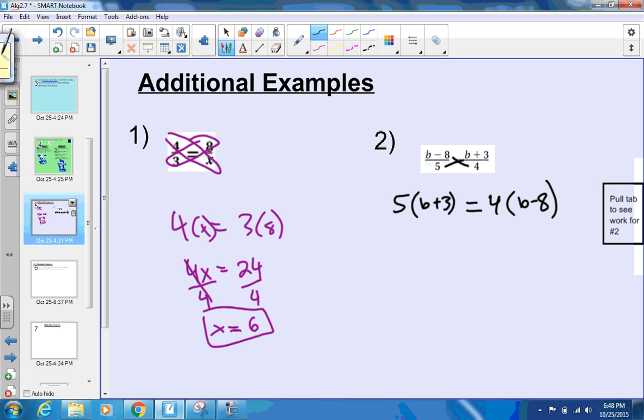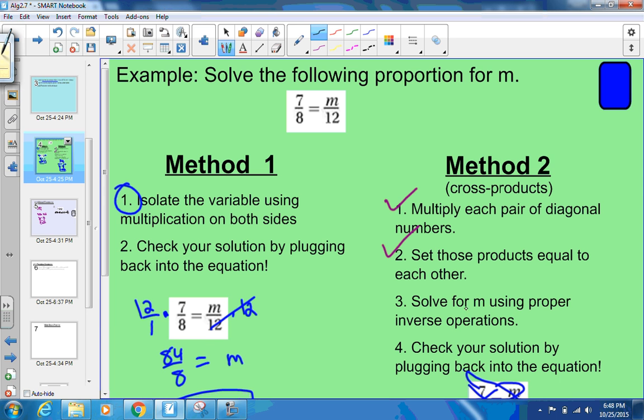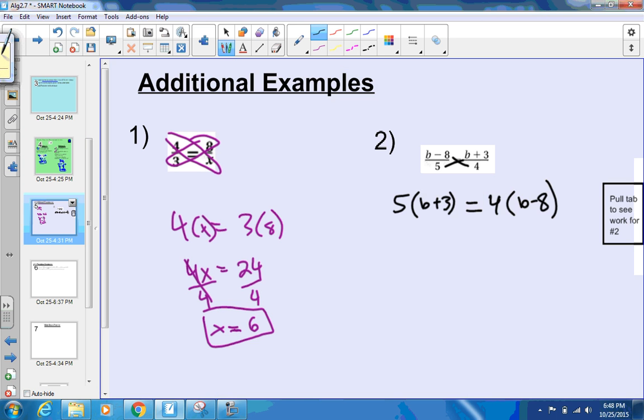All right. Now, if you look at it, this just turned into a multi-step equation with variables on both sides. So we have to follow the same steps, which it's right here, solve for m using proper inverse operations. So first we're going to check for any distributing or combining like terms, and you might see already there is distributing. So we're going to do this and this on each side.